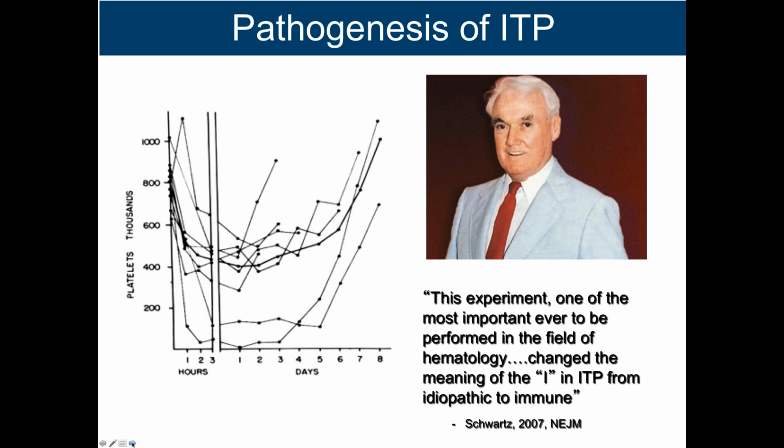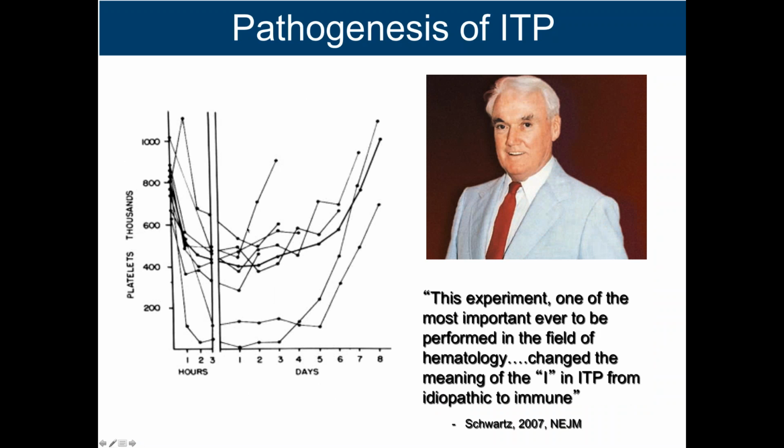Our knowledge about ITP goes back to 1950, and this was some of our earliest knowledge from this brave man shown here, Dr. Harrington, who injected himself with 500 cc's of blood from a patient who had ITP. What you can see is he developed a prompt decline in his platelet count that then showed some recovery over time.